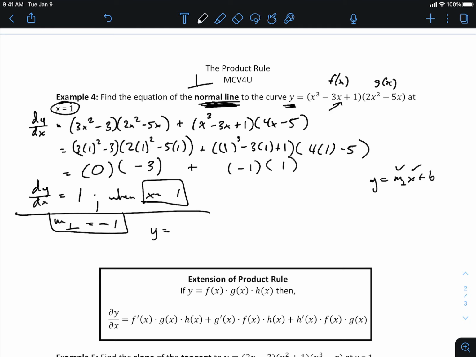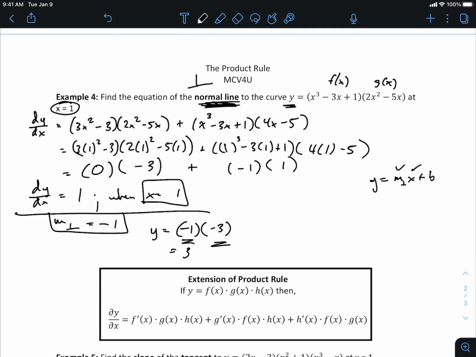Y would equal -1 multiplied by 3, -3, sorry. That's what happens when you input x equals 1 into both of those functions, f of x, and then we see that the y value is going to be 3.